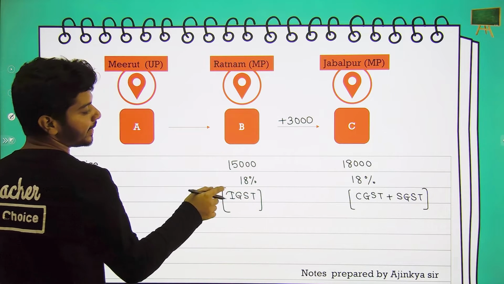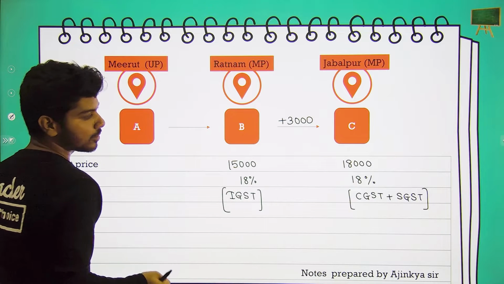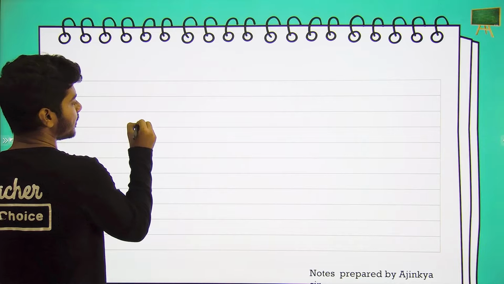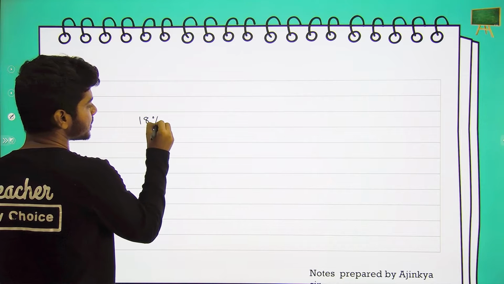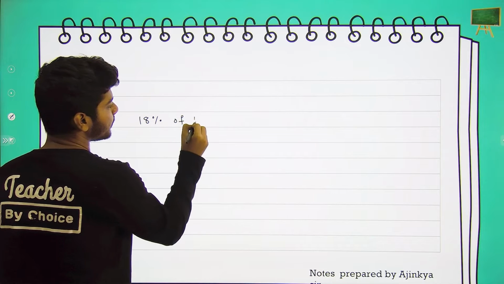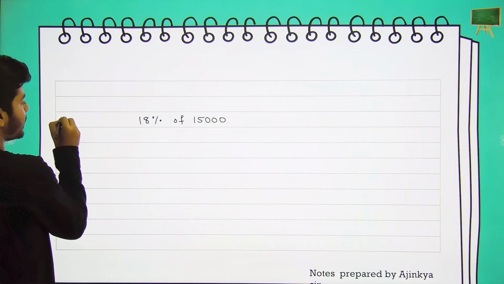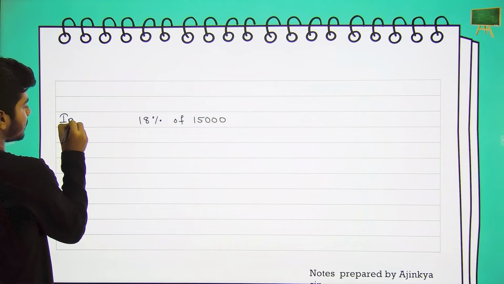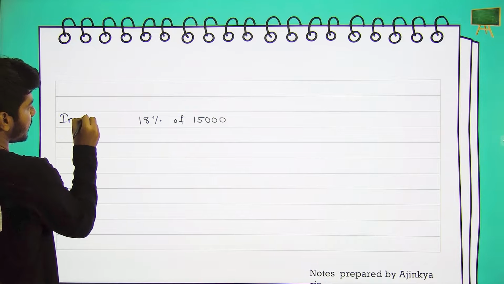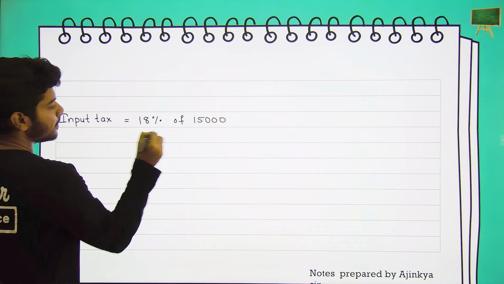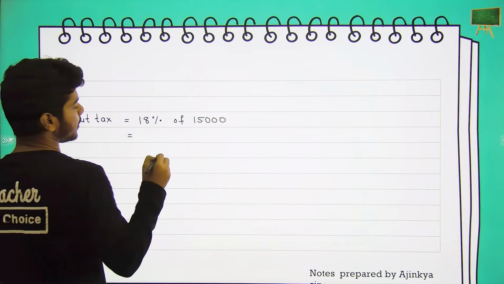So let's calculate 18% of 15,000. Can I say this is nothing but my input tax? Input tax will be equal to 18% of 15,000.